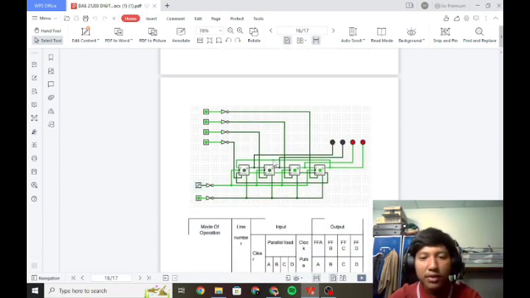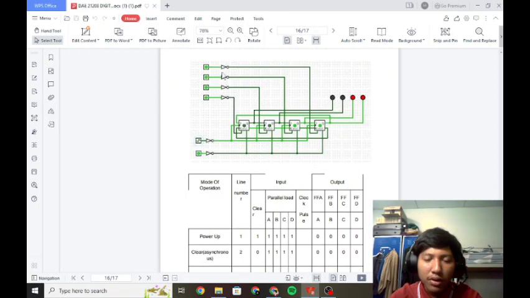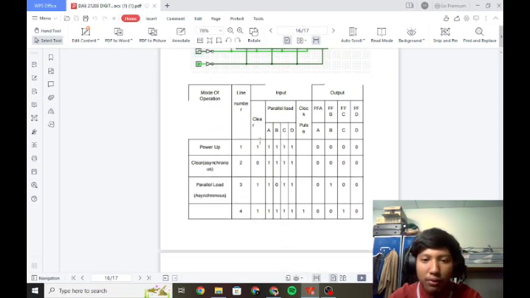Okay, in this circuit we are going to use 4 inputs and 4 JK flip-flops, and there will be 4 LEDs that will be recognized as outputs for the circuit. The 4 inputs are the parallel load.